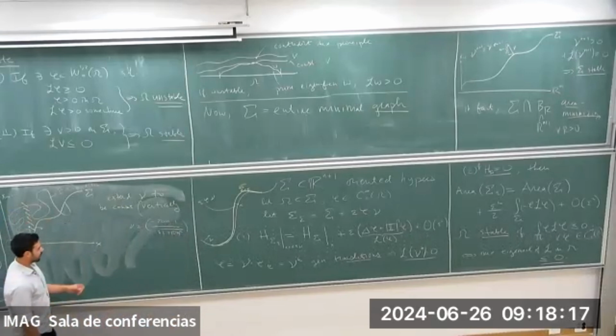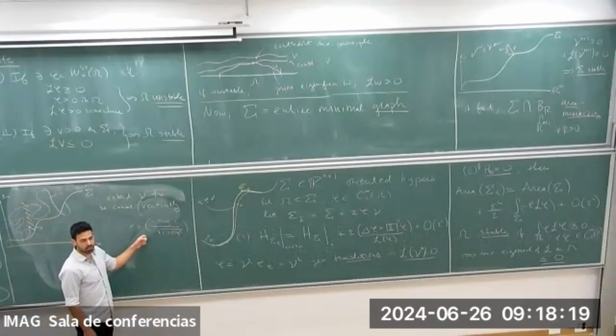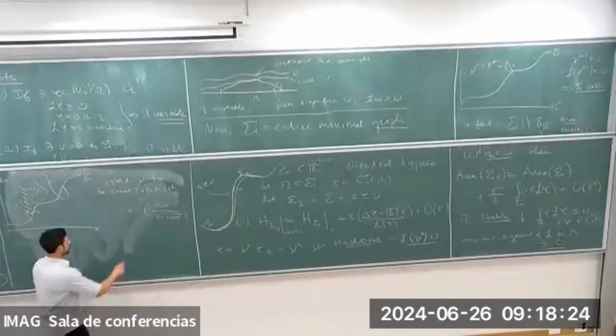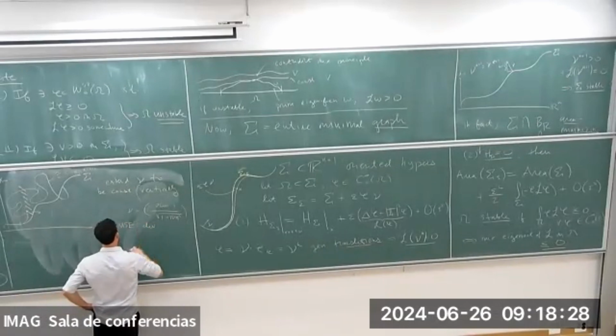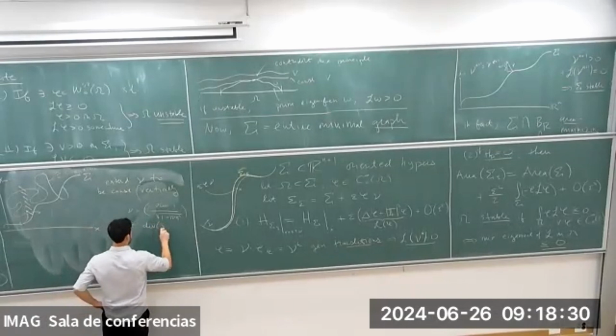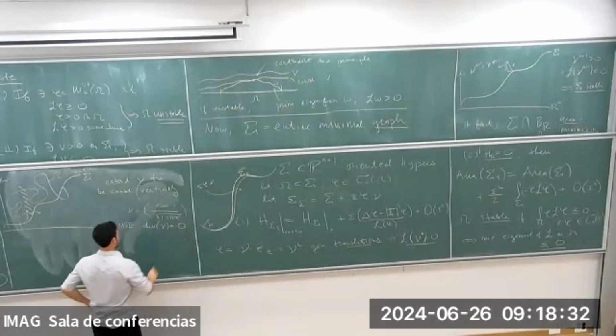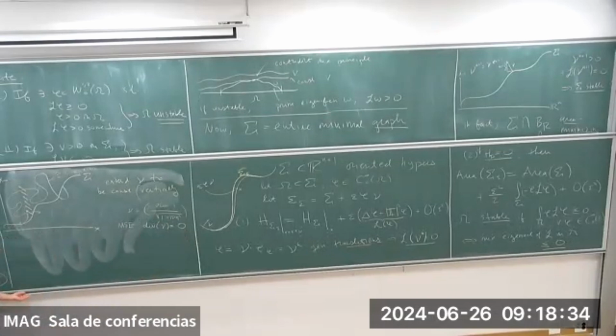And what the minimal surface equation tells you is that the divergence of this vector field vanishes. In fact, it's exactly the same thing as the divergence in R^(n+1) of this vector field being 0.